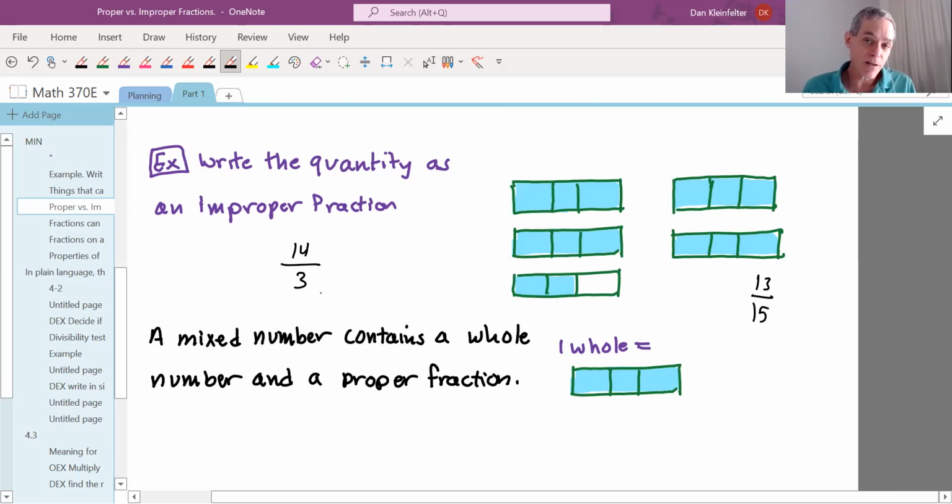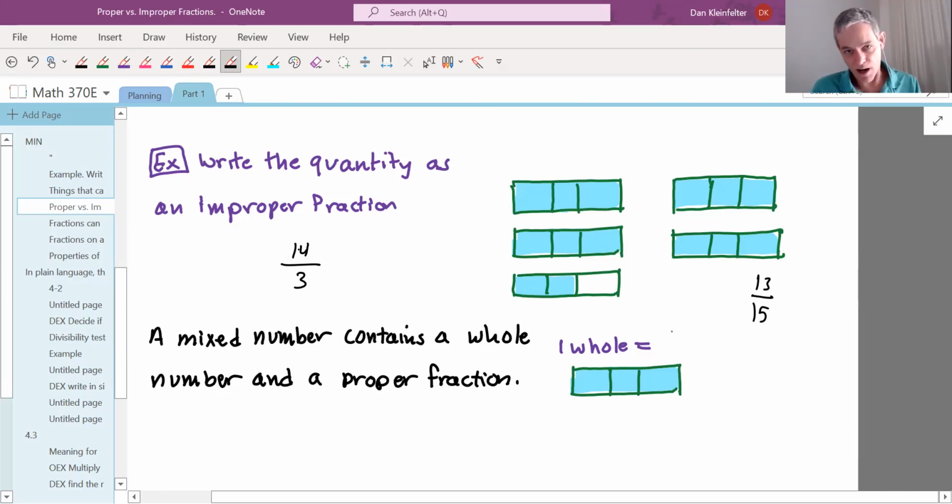The value here, shaded in blue, is 14 thirds, where one whole is divided into three parts. If the entire set of 15 little squares is our whole, and I've got 13 of them shaded, then what's shaded in blue here is 13 fifteenths.